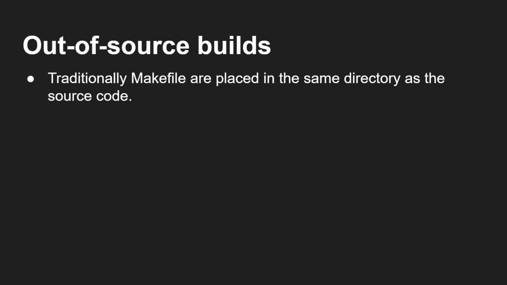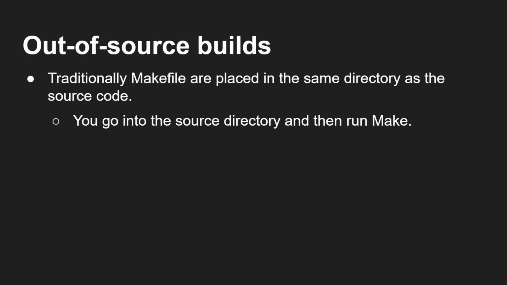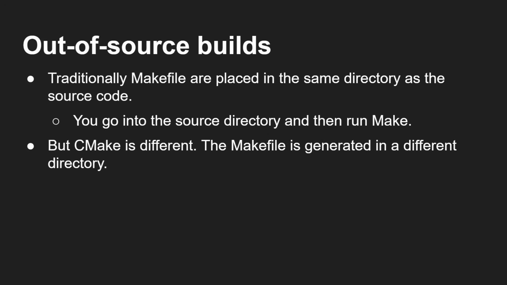Now CMake uses a thing called out of source build. Now traditionally Makefiles are placed in the same directory as the source code. So you go into the source directory where your hello world is, for example, and then you just run Make in that directory. However, CMake is different. The Makefile is generated in a different directory, can be a subdirectory, can be a directory somewhere else.